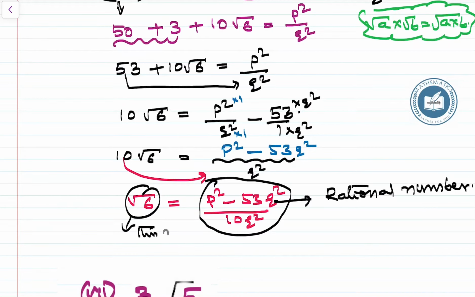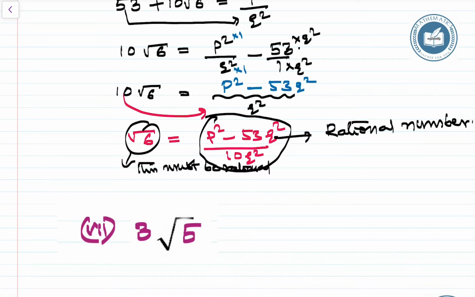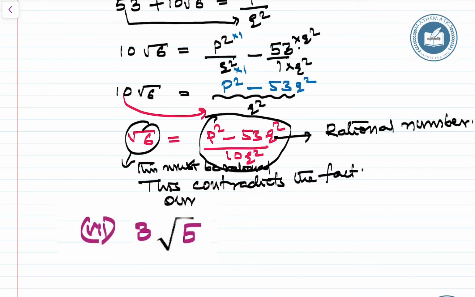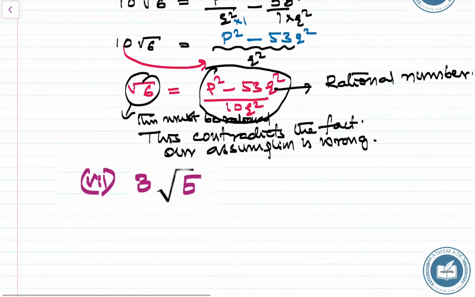But we know that root 6 is an irrational number because we can't express 6 as a square of any other number, so this contradicts the fact. Therefore our assumption is wrong.